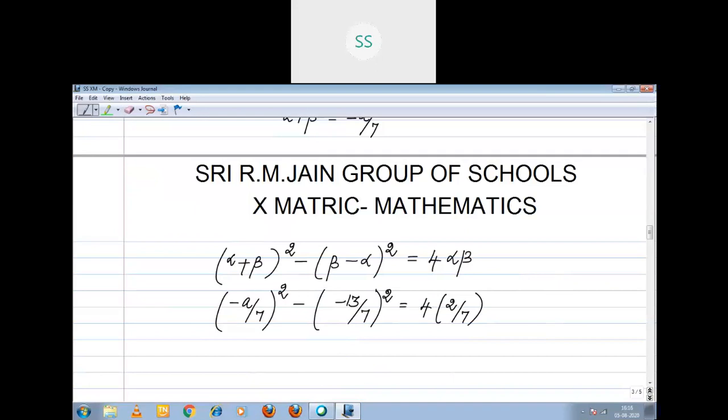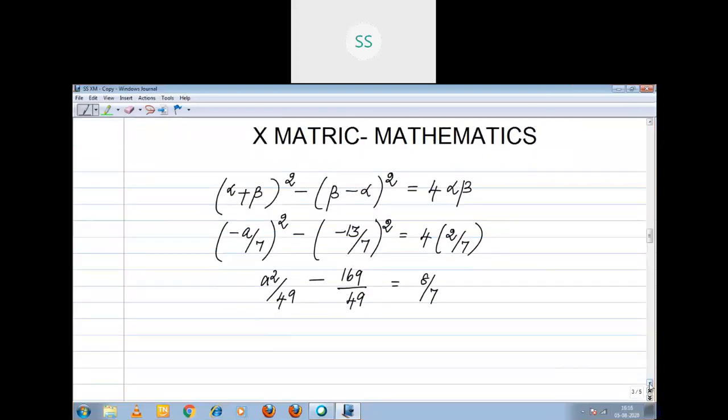Now that I applied here, a square by 49 minus 169 by 49 equal to 8 by 7, right? On the left hand side you see the denominators are the same, so you just subtract the numerators.